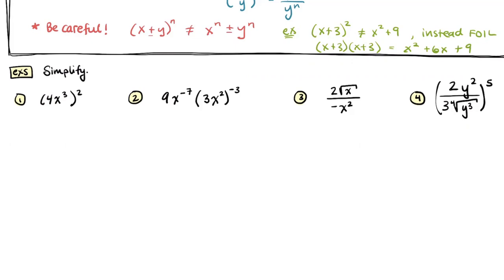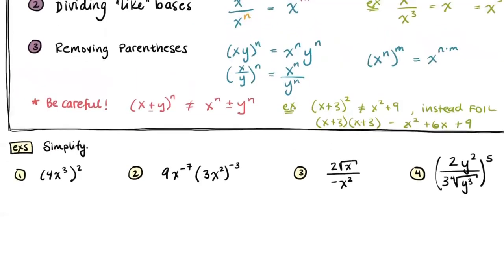The first and foremost one that applies is that we have 4 times x cubed, and that's raised to a power. So here we have a product raised to a power. And if you look back, this is the operation rule that we're going to be using here first.